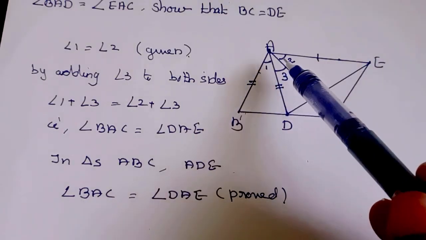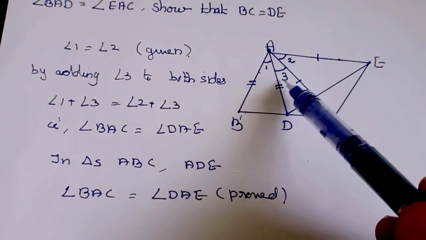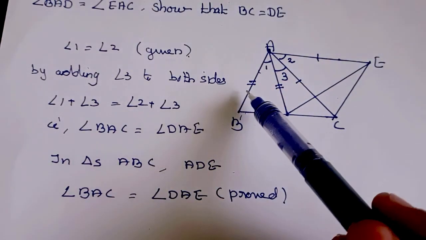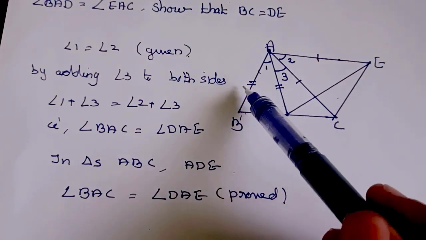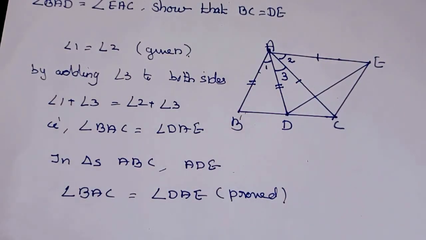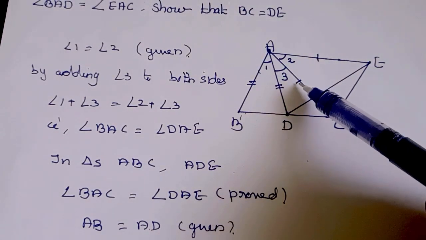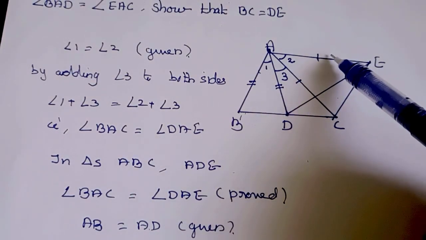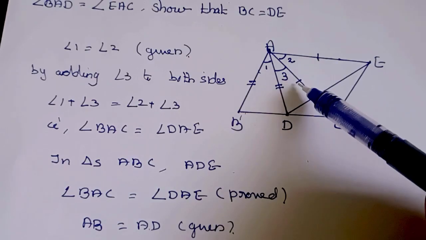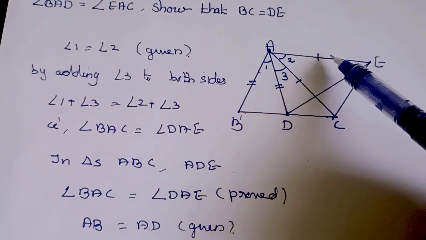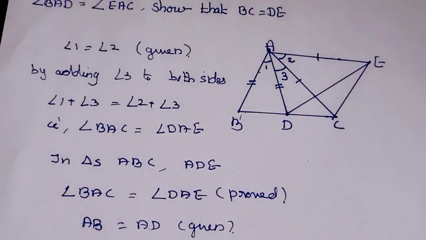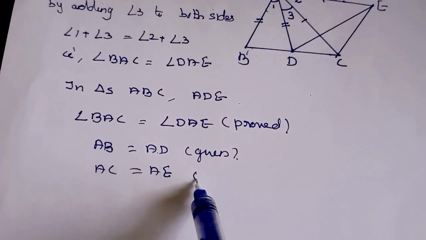AB of the first triangle equals AD of the second triangle, reason given. AC of the first equals AE of the second, AC is the side of the first triangle, AE is the side of the second triangle, reason given. It is also given.